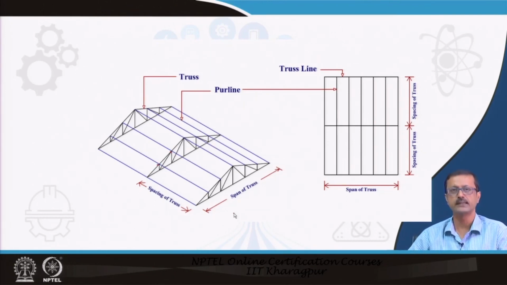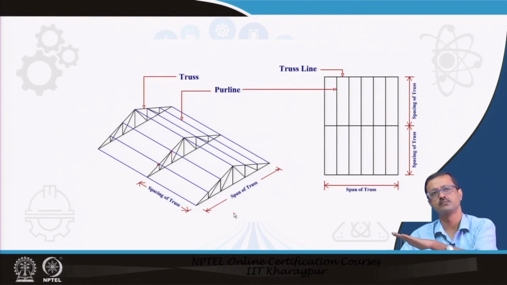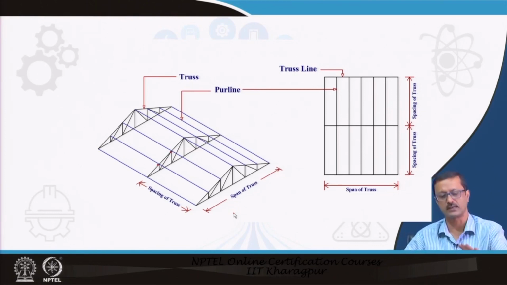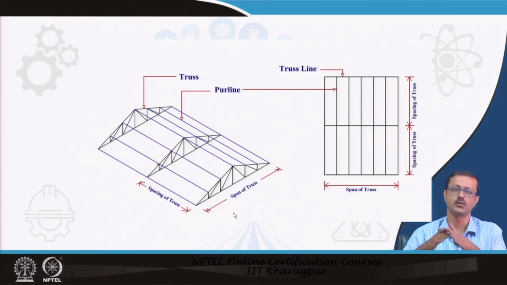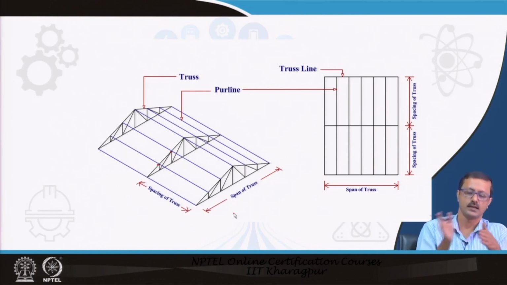They are the connecting members from one truss to another, and they give a smooth surface, over which the roof covering is created; there are various types of roof covering. Purlins help in 2 ways. One, they connect one truss to another in between the spacing of the trusses, making integrity between the total system.